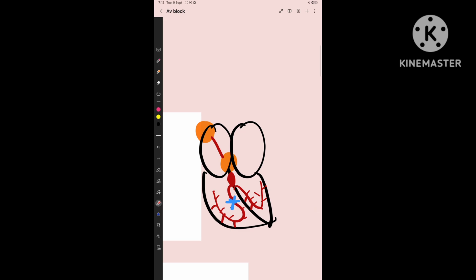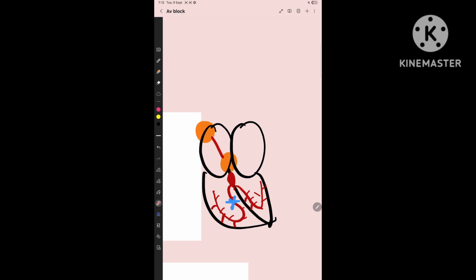In this figure, I have taken a patient with underlying left bundle branch block. The baseline ECG will have a normal PR interval, but the QRS complex will be broad because of LBBB, and the normal conduction will be happening through this route. This is the baseline conduction.